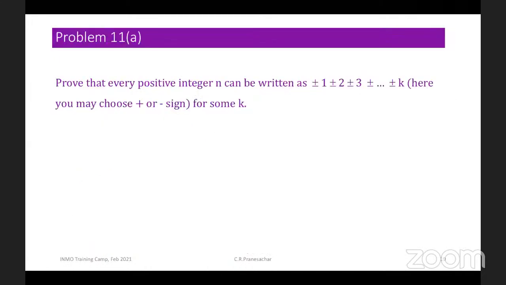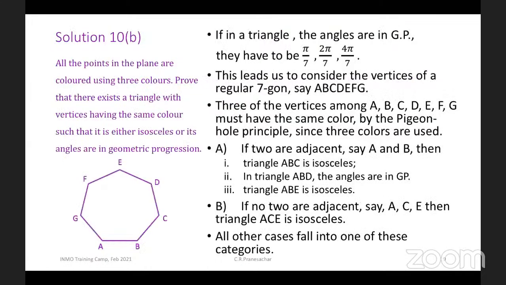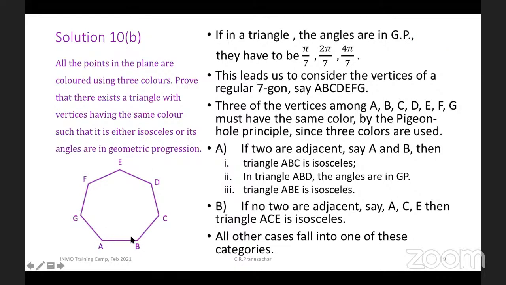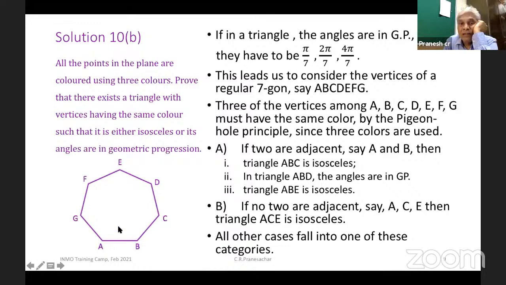Okay. So how do we conclude that in triangle ABD, the angles are in geometric progression? Say you consider the circle here. So there is a circle passing through A, B, C, D, E, F, G. Each side of the polygon subtends at the center 2 pi by 7. So AB subtends at D pi by 7.